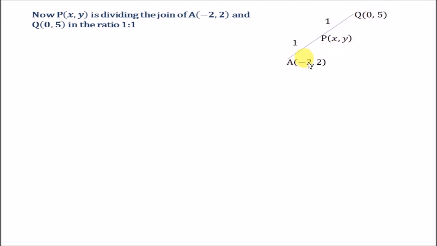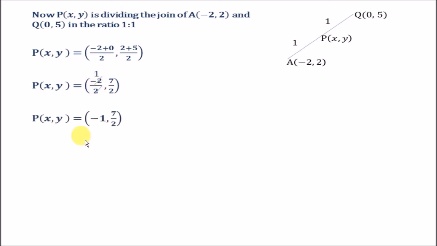A representative figure. Using the midpoint formula, P x, y equals to sum of x coordinates by 2, minus 2 plus 0 by 2, comma sum of y coordinates by 2, 2 plus 5 by 2. P x comma y equals to minus 2 plus 0, minus 2 by 2, comma 2 plus 5, 7 by 2. So the coordinate of P will be minus 1 comma 7 by 2.